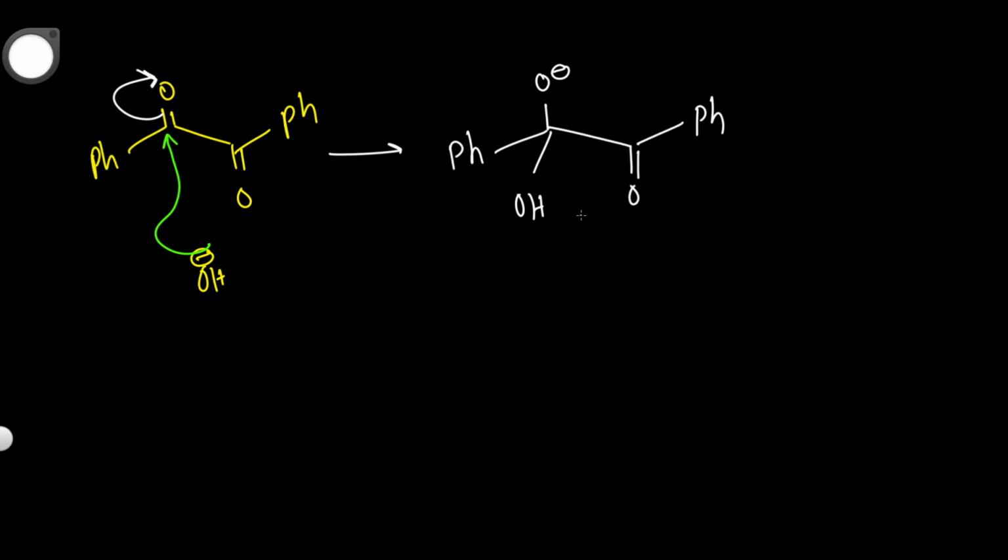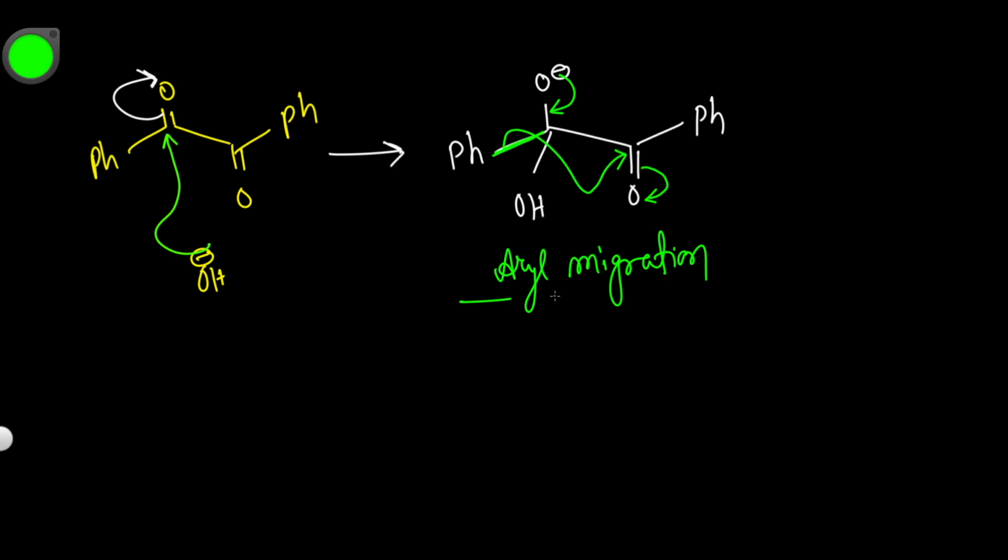And you know that when the electrons shift onto the O minus, the O minus charge will always try to come back. When the O minus charge comes back, this Ph group will migrate and attack on the other carbonyl, and then that carbonyl double bond will shift onto the oxygen as a negative charge. So it is basically aryl migration happening here.